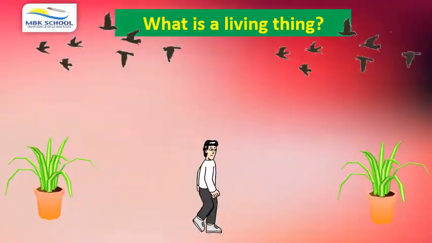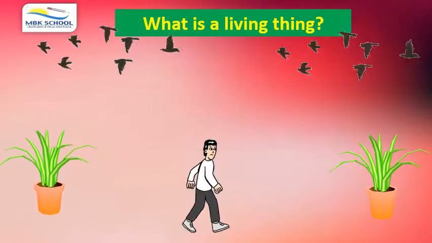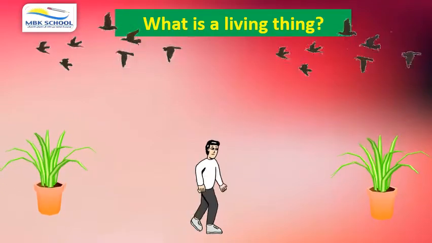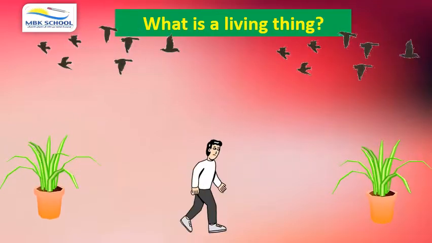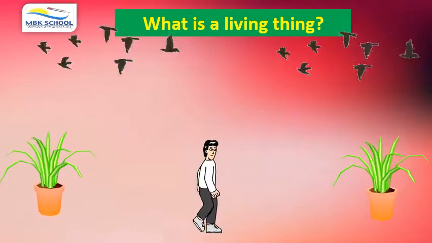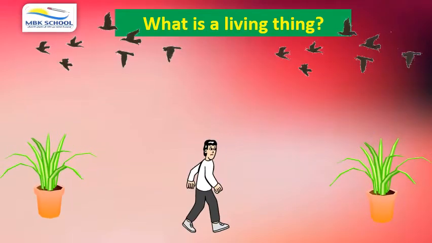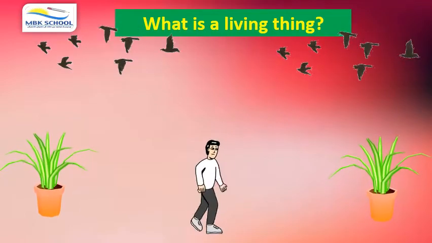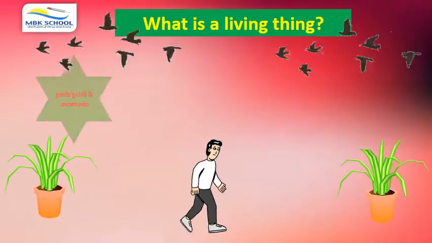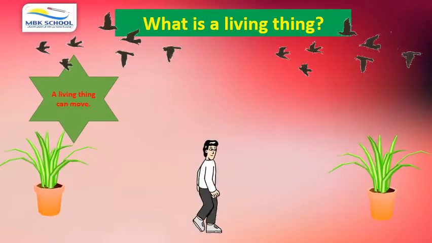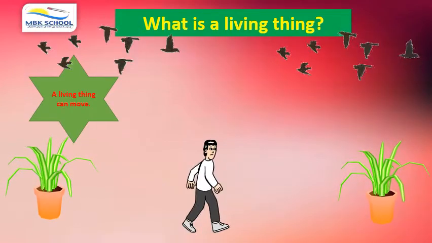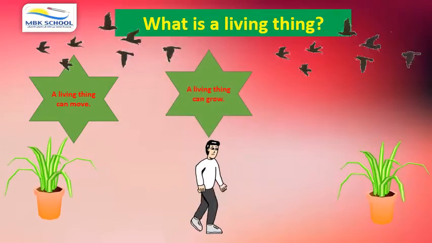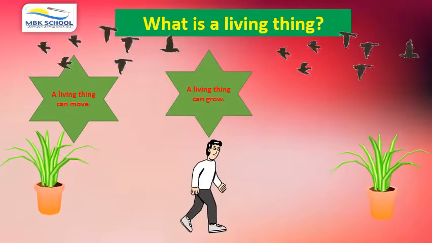Okay, so what is a living thing? Do you have any idea now? Look at the pictures on this slide. What can you see from here? So this time we're going to find out what a living thing is. First, a living thing can move. Second, a living thing can grow.